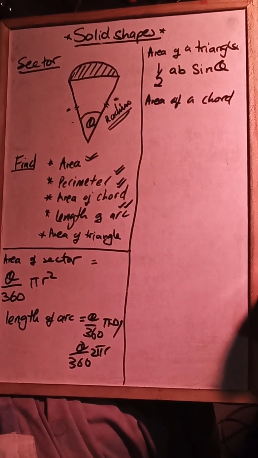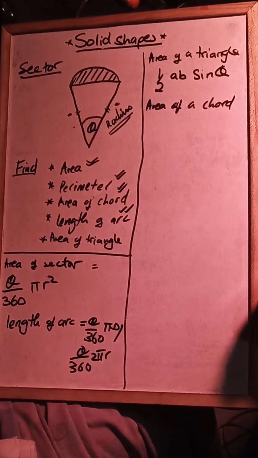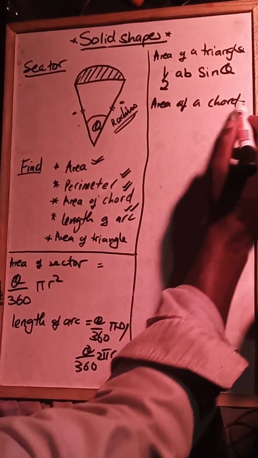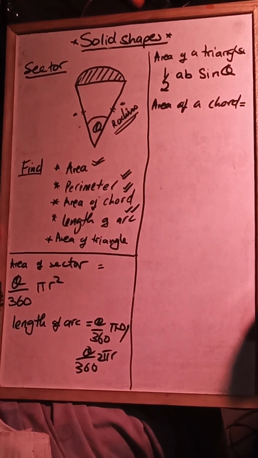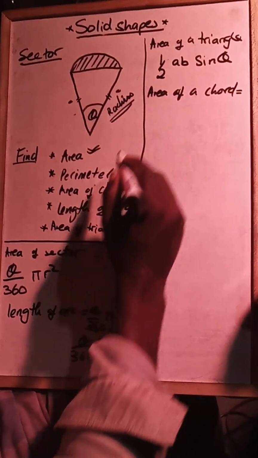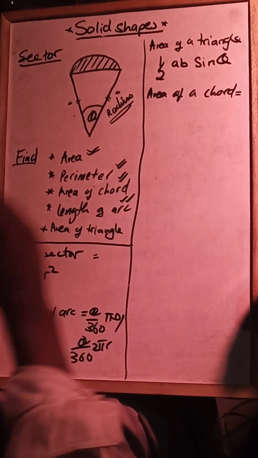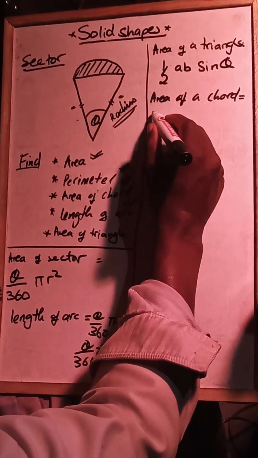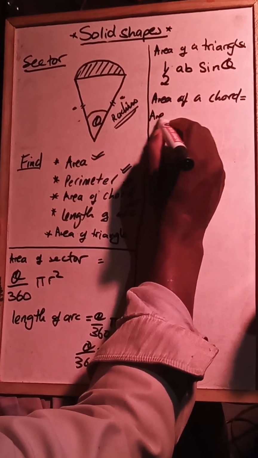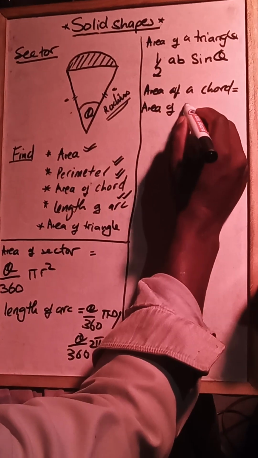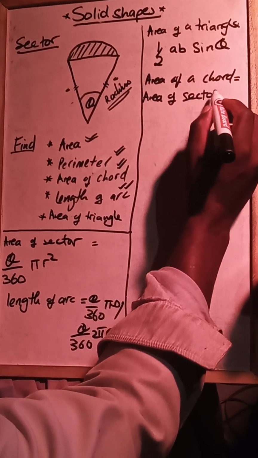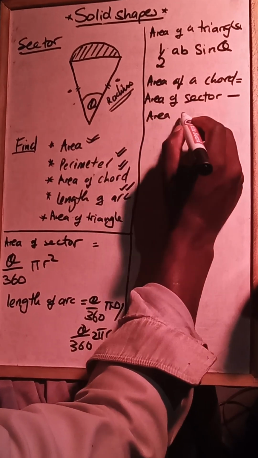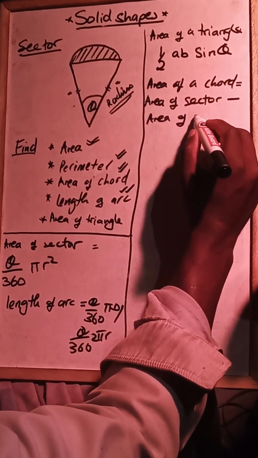Area of a chord is calculated using this format: area of sector minus area of triangle.